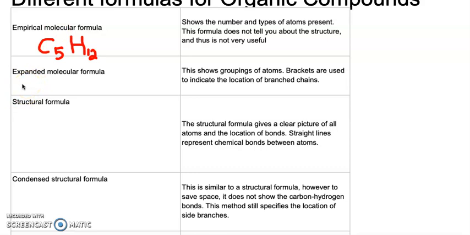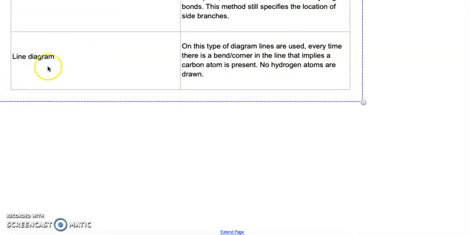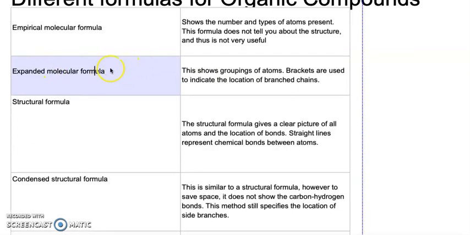Okay, so then we move to an expanded molecular formula. So if I gave you that exact same formula, okay, that didn't do what I wanted it to do. If I gave you that exact same formula, I could write it differently, and I could write it as CH3, then CH2, then CH, and then in brackets a CH3, and then another CH3.